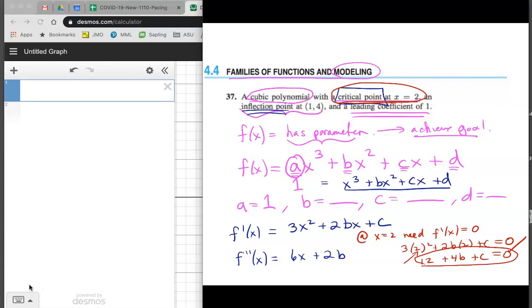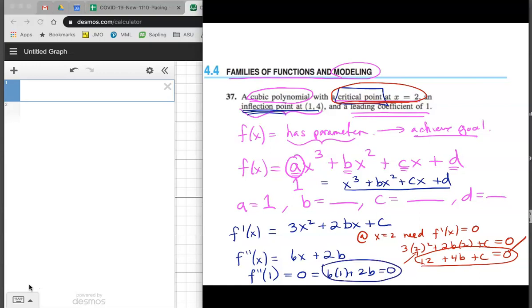We also need to have an inflection point at (1, 4). The only way you can have an inflection point is if the second derivative at x equals 1 is equal to 0, which tells us that 6 times 1 plus 2b has to equal 0.